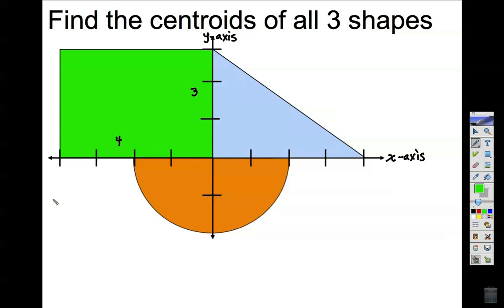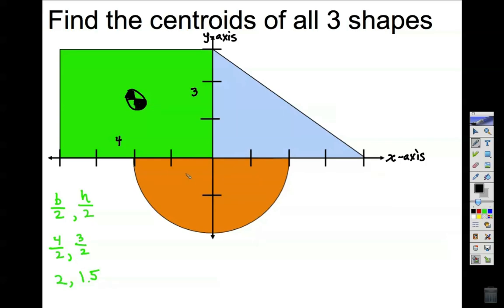So I'm going to take the base, divide that by 2, and the height, divide that by 2. My base is 4. My height is 3. So this comes out to be 2, 1.5. This is true in length, but because now we are in a coordinate grid, we want to know the coordinate of the centroid.